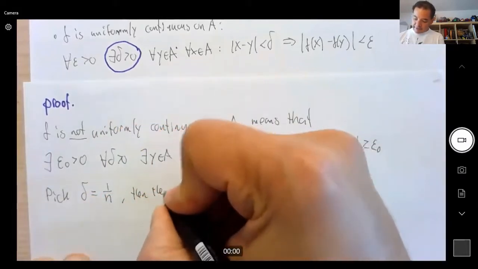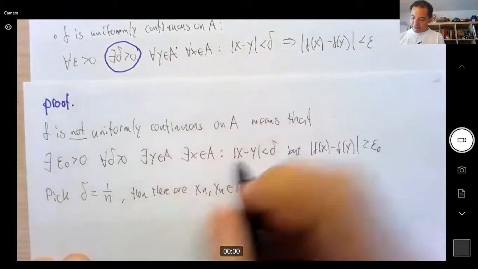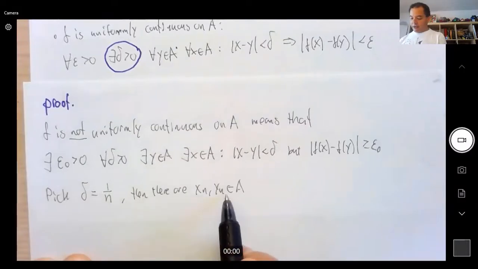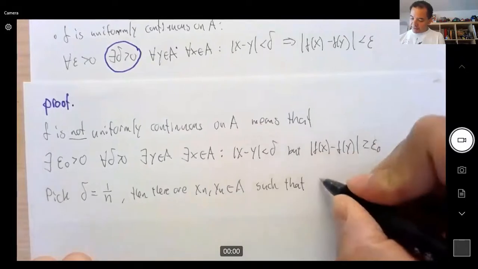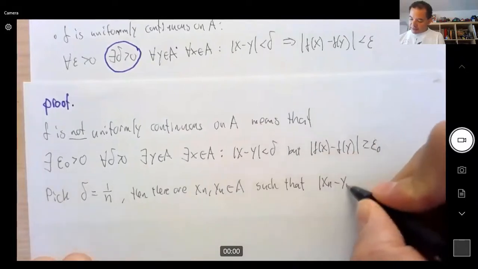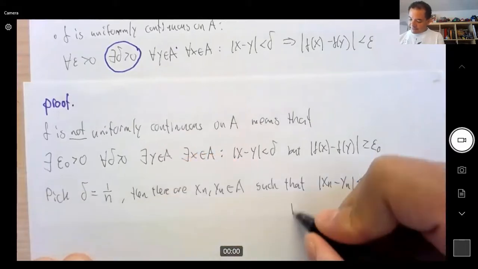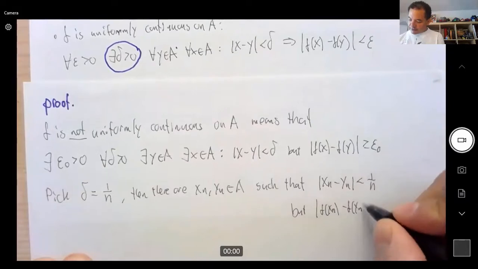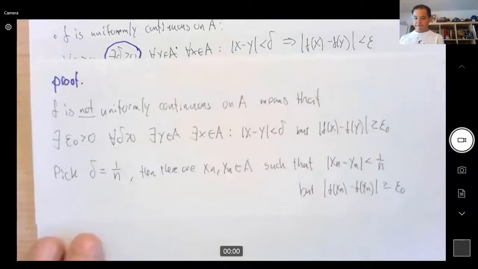Then there are xn, yn in A. These x and y that exist, I'm calling them xn and yn, such that what property do they have? |xn minus yn| is less than 1 over n, but |f(xn) minus f(yn)| is bigger than epsilon 0, right?